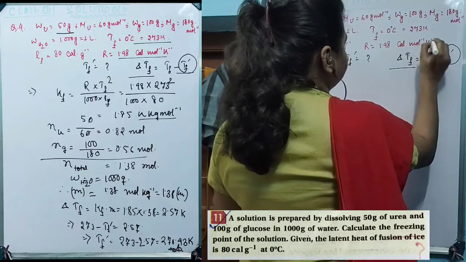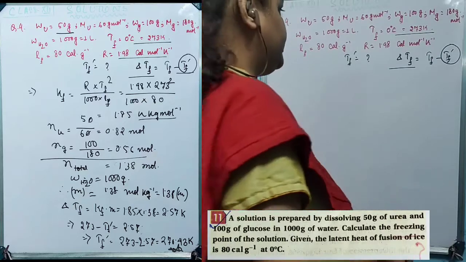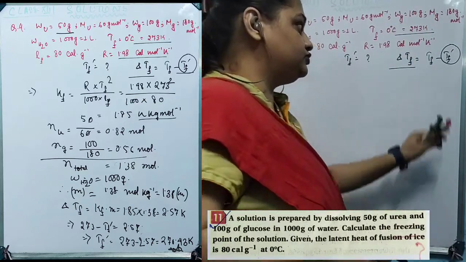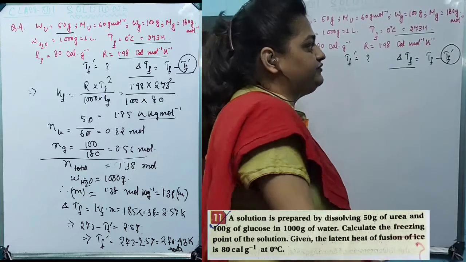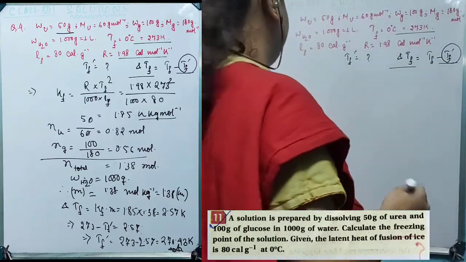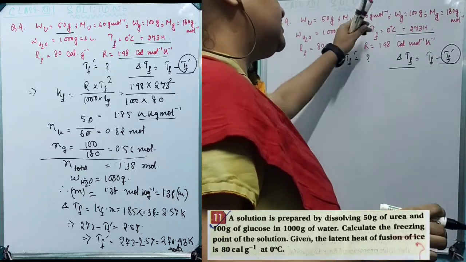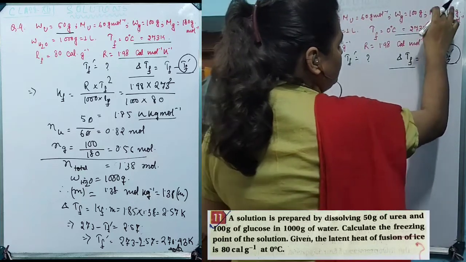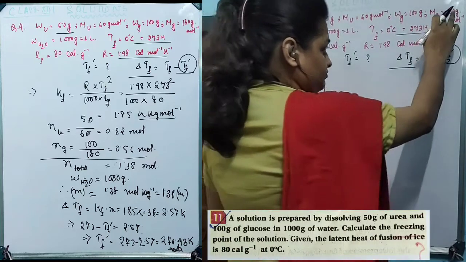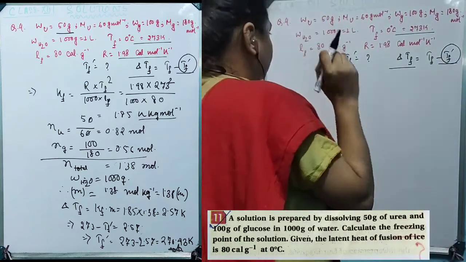TF is nothing but the freezing point of the water, which is 0 degree Celsius or 273 Kelvin. By calculating delta TF, we can find the TF prime, or the freezing point of the solution. Now we already know the molecular mass of urea is 60 gram per mole and the molecular mass of glucose is 180 gram per mole.